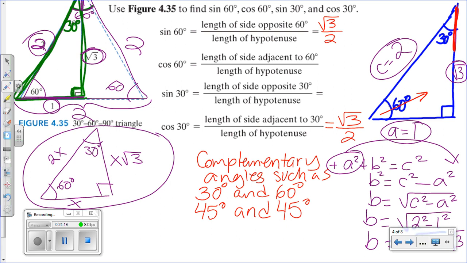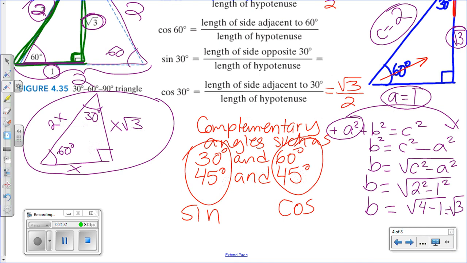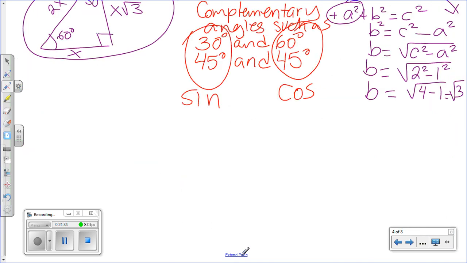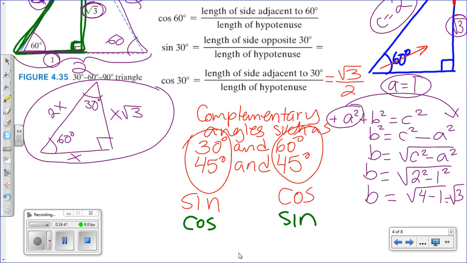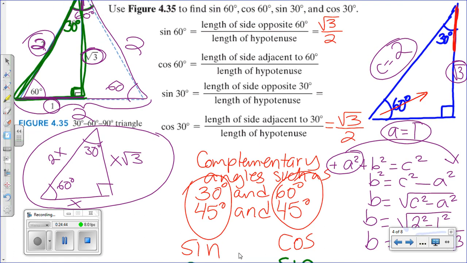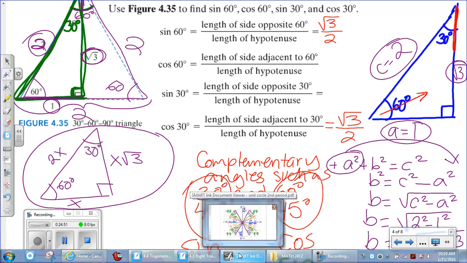Then whatever is the sine of those angles is going to be the same as the cosine of the complement. Those are called cofunction identities, and those are coming up. Similarly, whatever is the cosine of this angle will be the sine of this angle. Let's see if it's true. Let's do one more. Find the cosine of 60. Cosine is adjacent, so we need the side adjacent to 60.